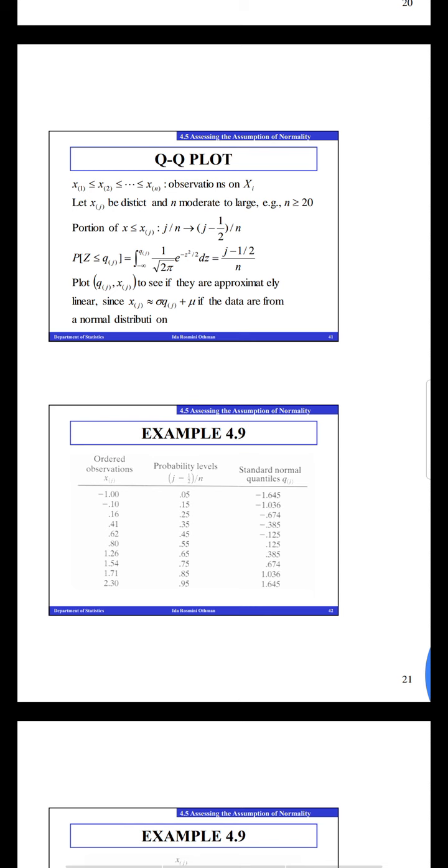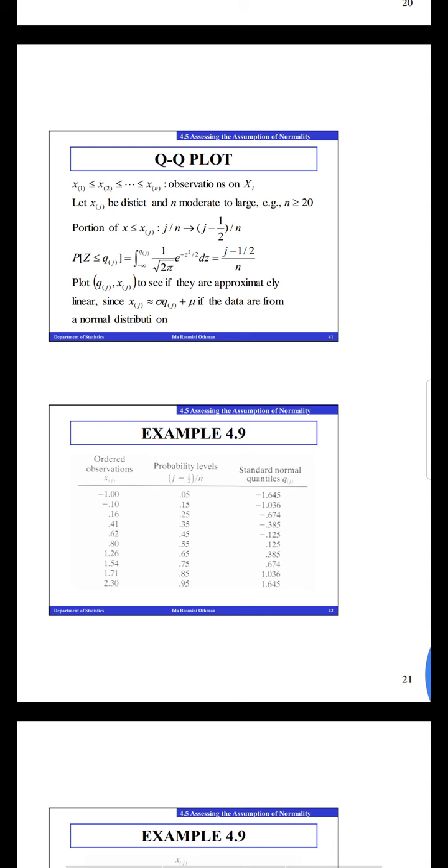Our observation adalah x kan. Let's say we have only one x because of univariate. So kita akan gunakan QQ plot to see whether this variable is normal or not. So first of all, we need to order the observation. So x tu adalah ordered observation.